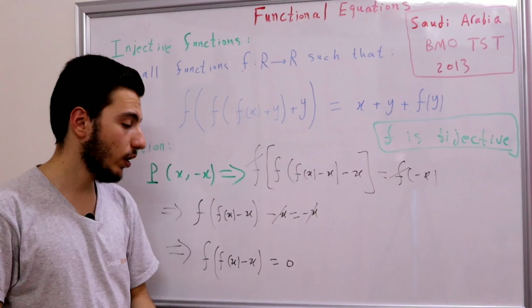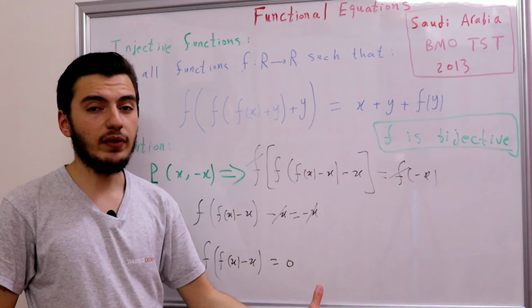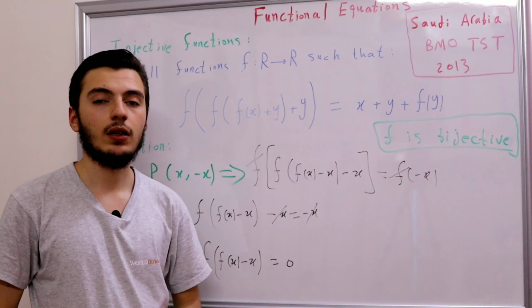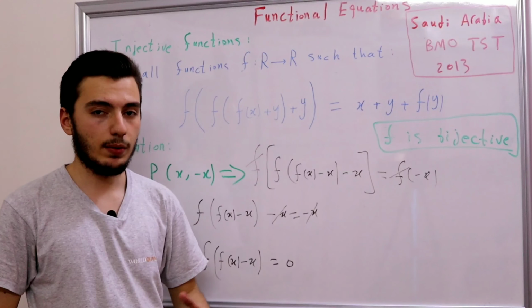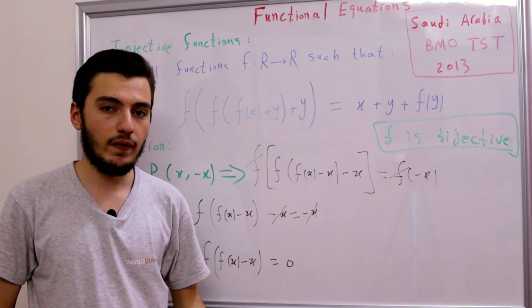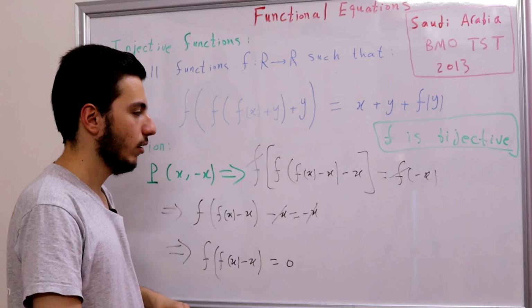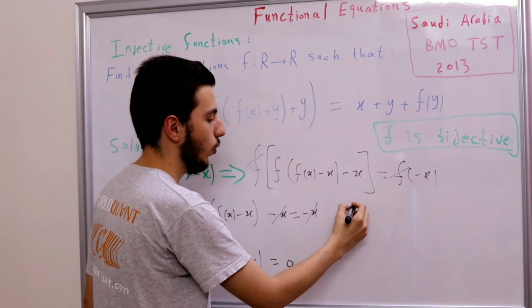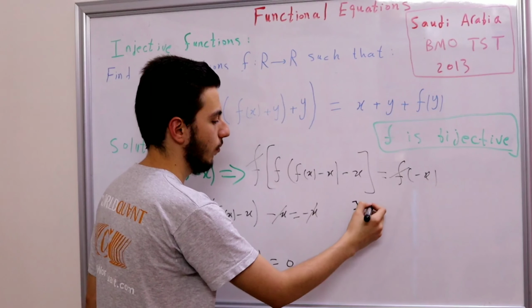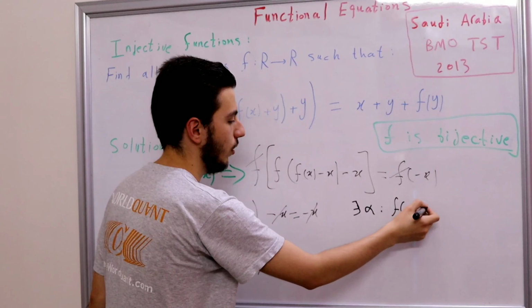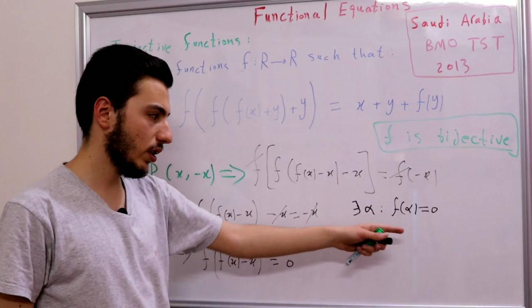So can we actually create some f from this 0? Well, yes, we can. How? By simply using the fact that f is surjective. Since f is surjective, then we must have some value alpha such that f of alpha equals 0. Because our function f is surjective.